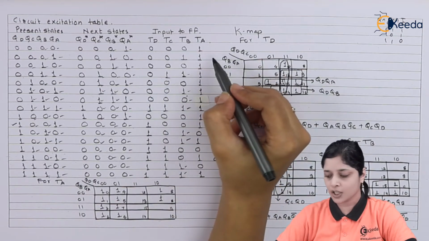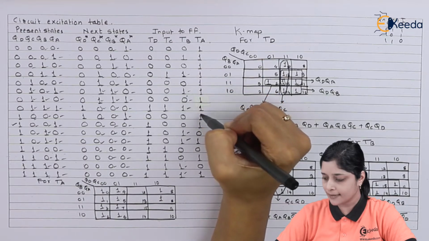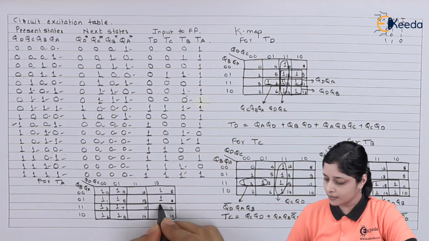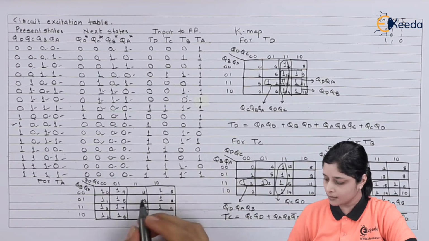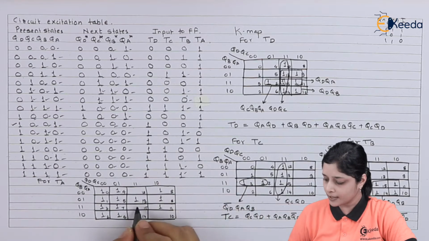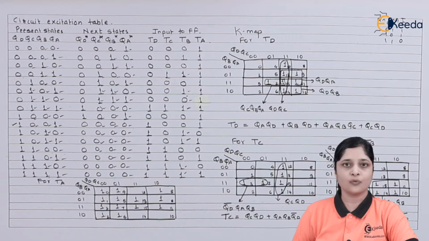We will again cross check 0 1 2 3 4 5 6 7 8 and 9. For 10 it is 0, then for 11, then 12 is 0, 13, after that 14 is 0 and finally 15. So in this way you have to make the entries of logic ones.